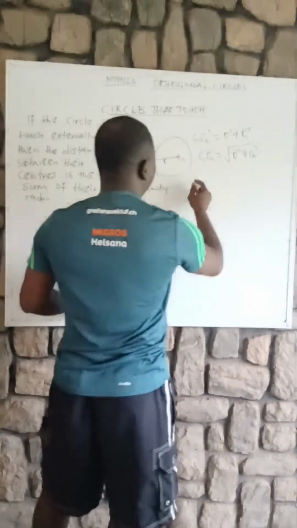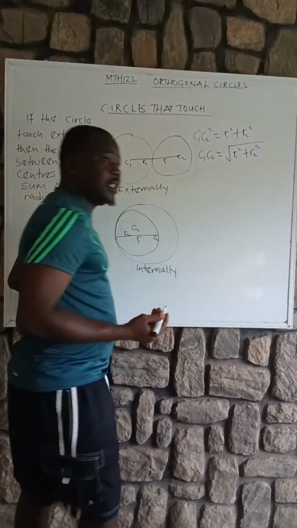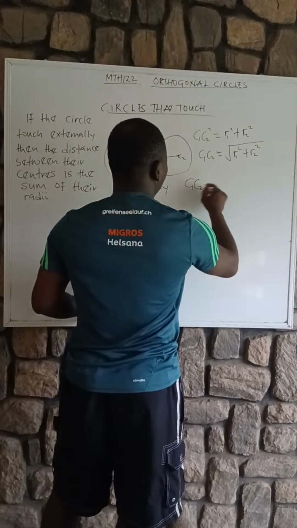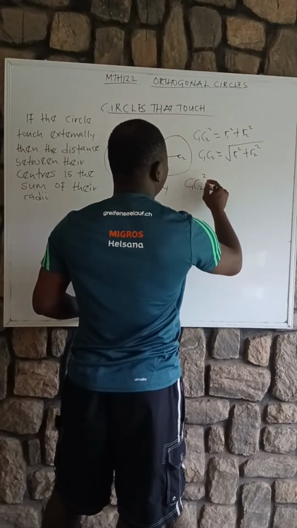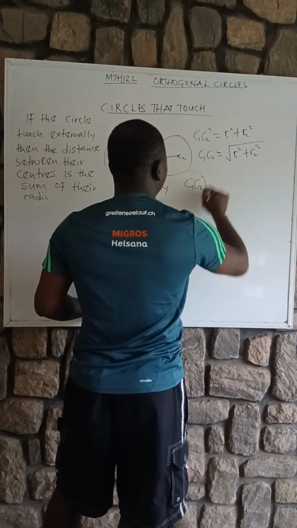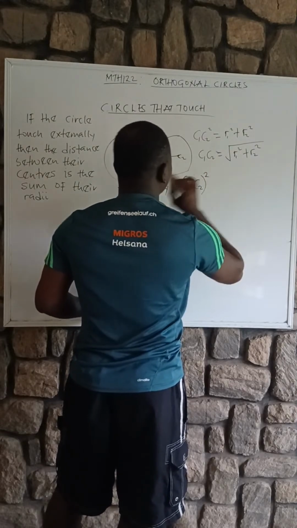So mathematically, it is telling us that C1C2 squared, the square affects both of them. So let's do it this way.